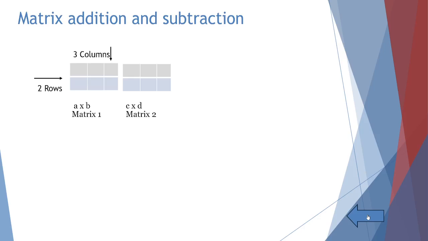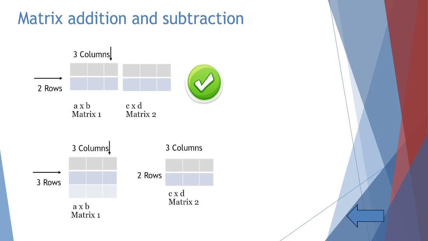Similarly, matrix 2 also has a 2 by 3 matrix, C by D. In that case, addition and subtraction are possible. Whereas matrix 1 in the third example has 3 rows and 3 columns, while matrix 2 has 2 rows and 3 columns. In this case, the order is not the same, so addition or subtraction is not possible.